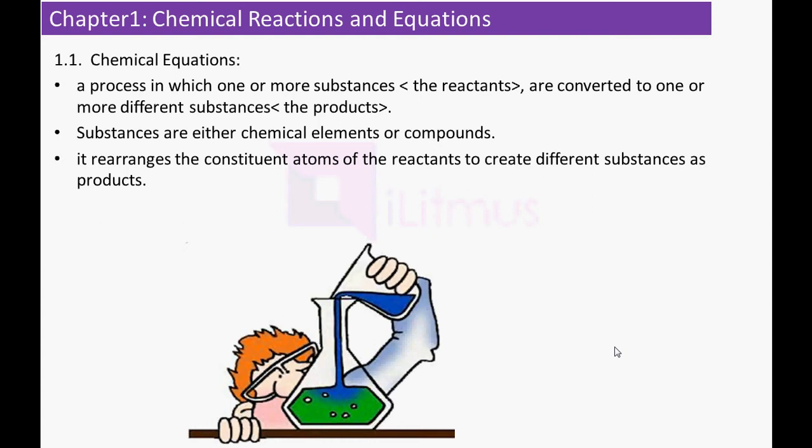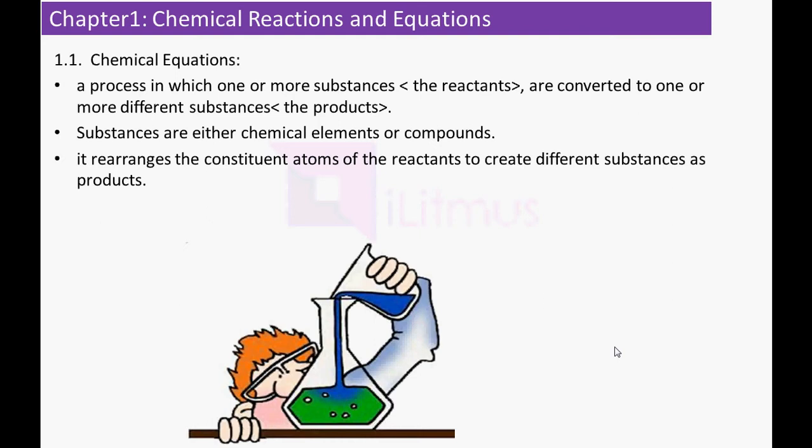So it rearranges the constituent atoms of the reactant to create different substances as product. This is very important to understand. Actually, the atoms don't get destroyed. Atoms of the different reactants come out from their existing compound and form another bonding with other atoms.